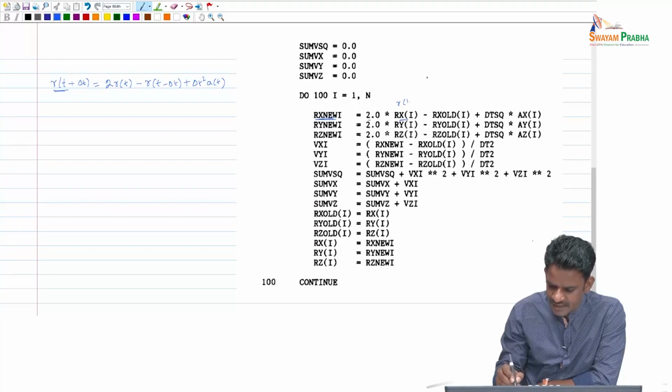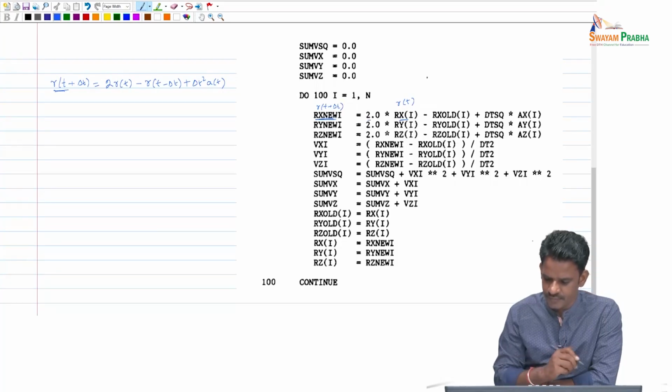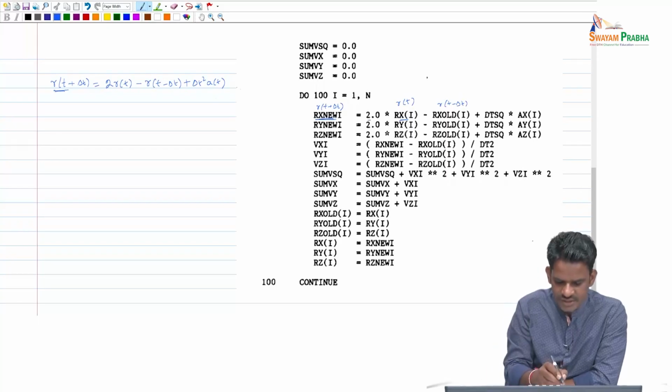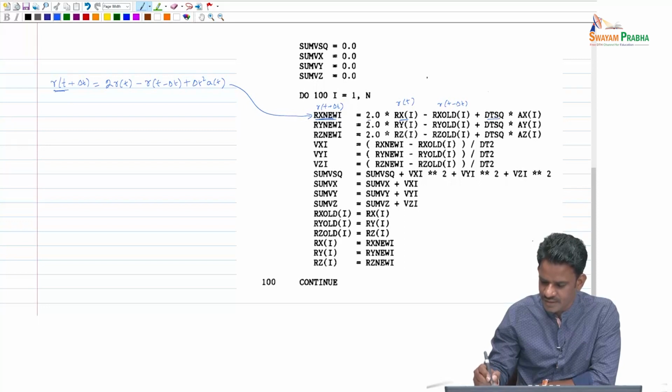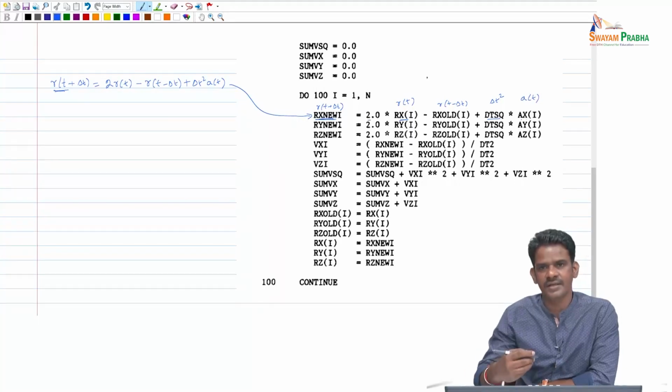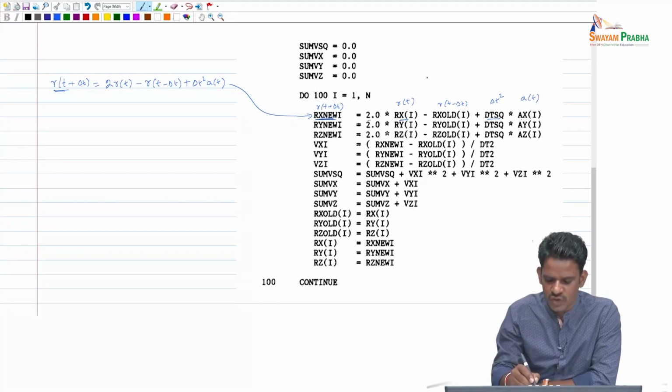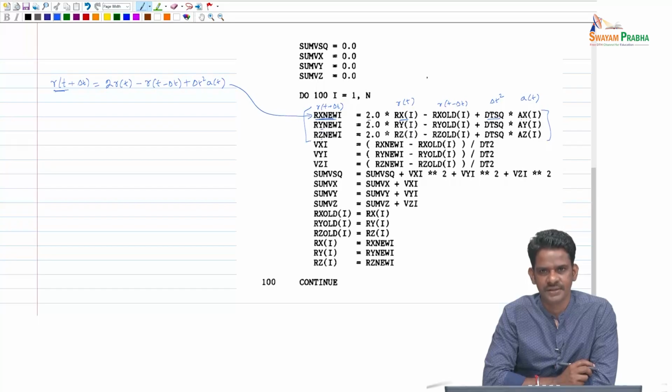So, this is basically r at time t, this is r at t plus delta t, and this is r at t minus delta t. So, you can see that this equation is basically represented in this particular line, and this is delta t squared, and this Ax of I is basically a of t. So, this is done in component form. First we do for the x component, then the y component and z component. So, these 3 lines are basically the position update for t plus delta t.